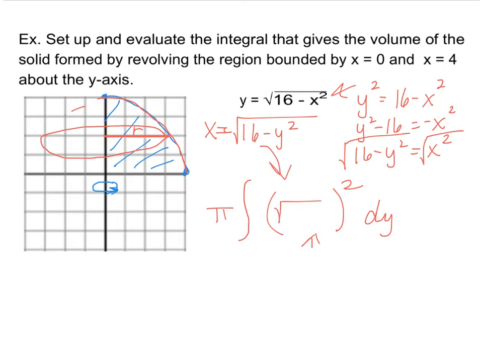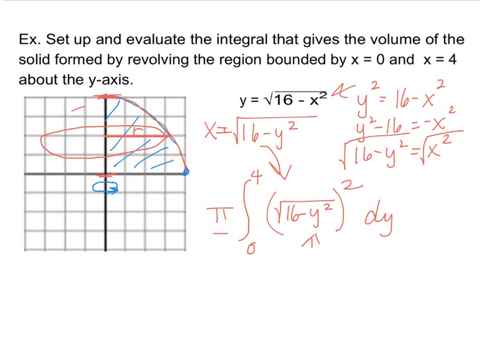So I'm going to put the square root of 16 minus y squared, quantity squared, because it's pi r squared dy. That's how we're finding the volume of all those disks. And I want to go from 0 to 4. I just want to do the solid, and that's this 0 to this 4, because it's on the y. It just happens to be the same on both.